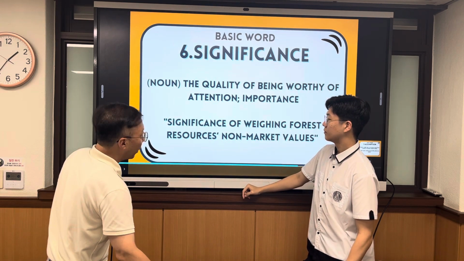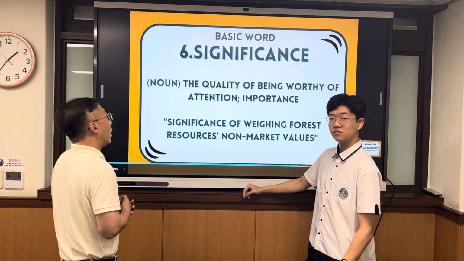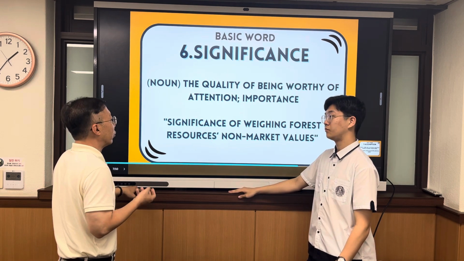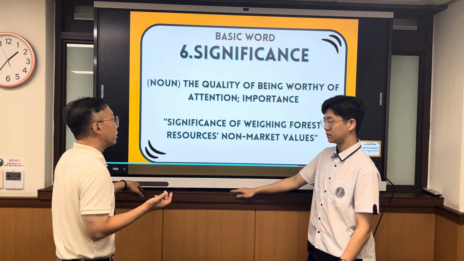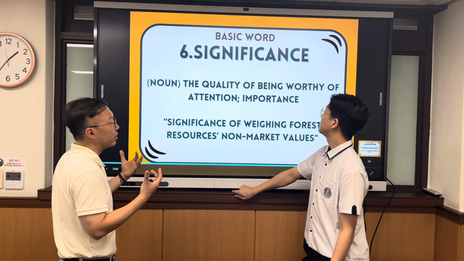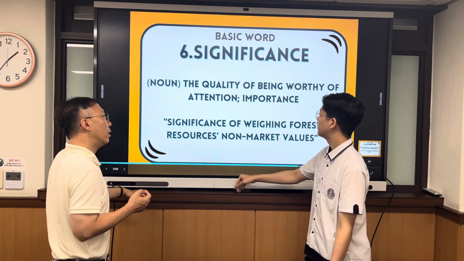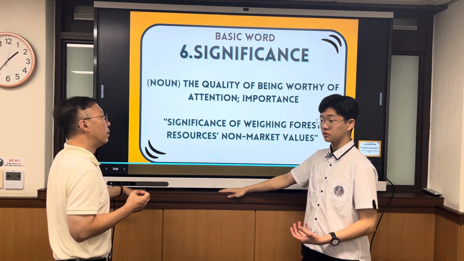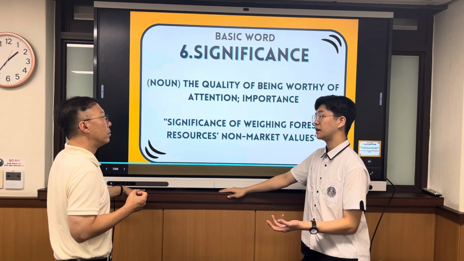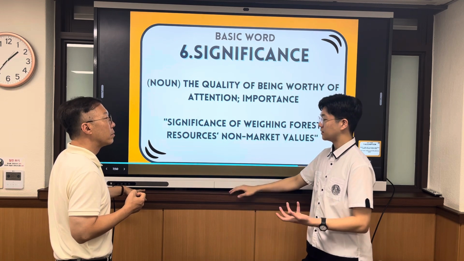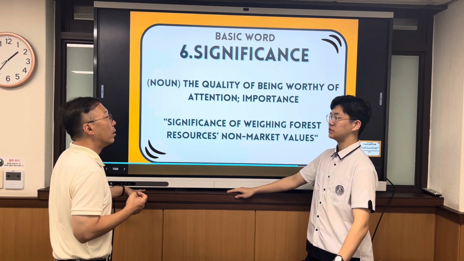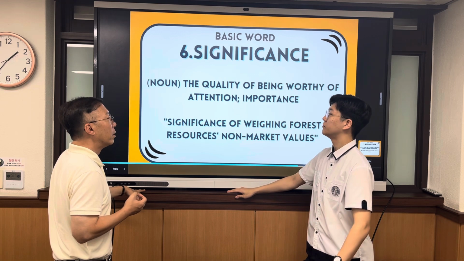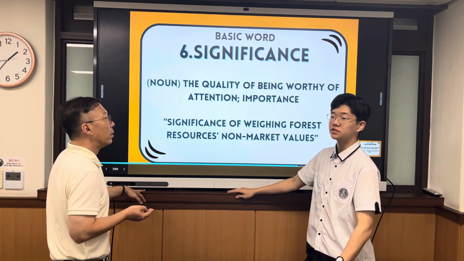Good. So do you have some significant items or significant things in your life? Well, the significance of my life would be, I don't know, pretty much school and the subjects I study, and yes, almost everything in my life is significant to me.